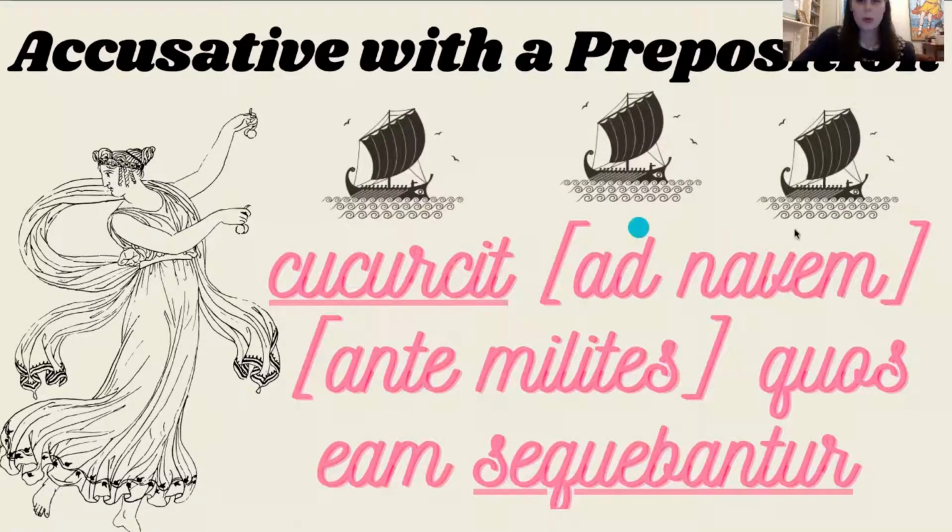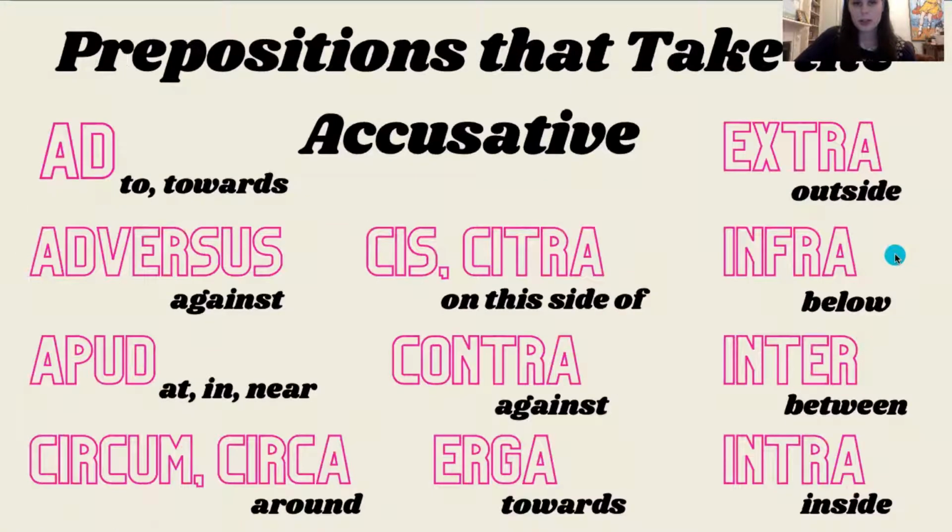So what I have put together for you is a list of all the prepositions that take the accusative. You can find this list probably somewhere else, but this is a pretty comprehensive list.